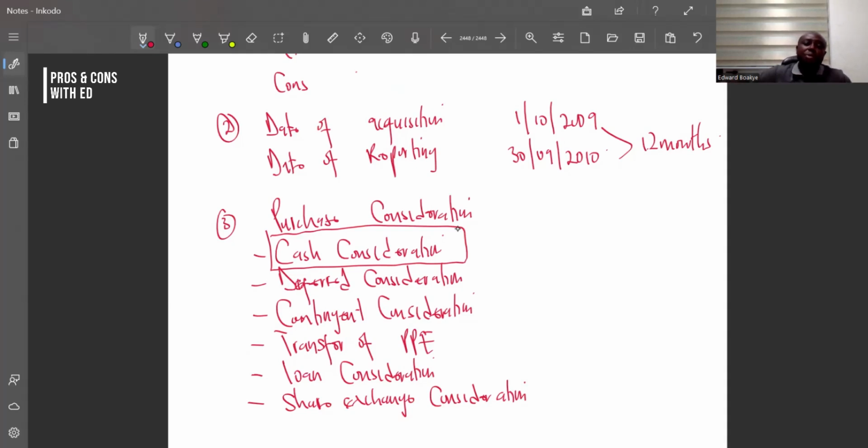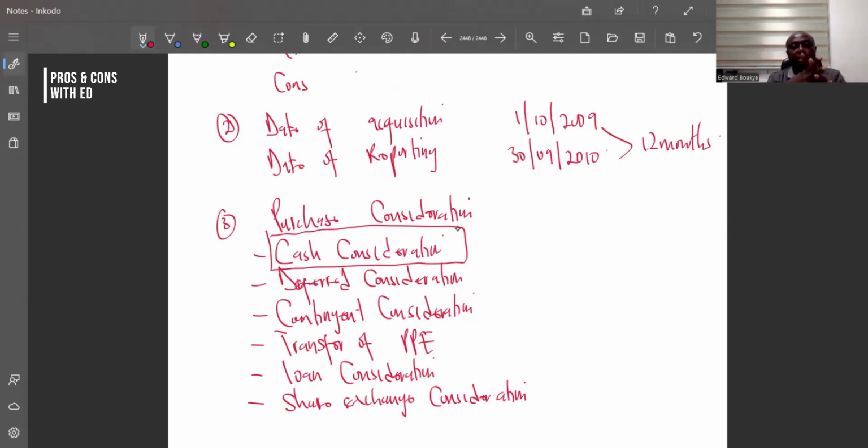Then it means I've gotten what we call a gain on bargain. That 500 is a gain for me. Instead of paying 2,000, because you didn't achieve the objective or the agreement, I'm giving you 1,500, and therefore that 500 is a gain to me. So that gain on bargain will have its effect in the parent account.